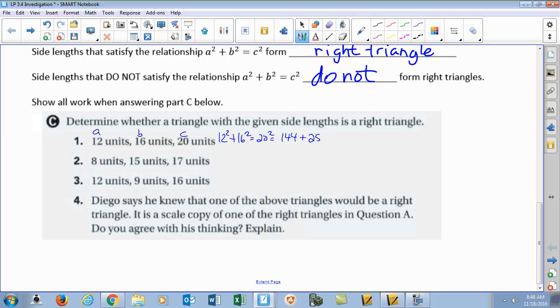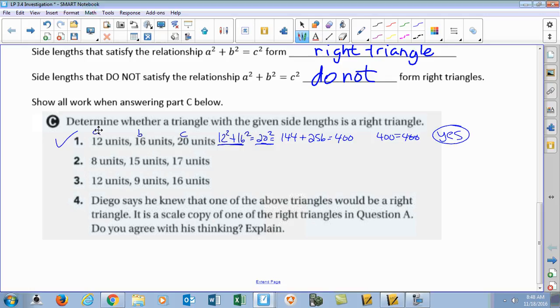And 20 squared is? 400. Brad, when I add 144 and 256, what do I get? So 400 equals 400, right? So what happens when the sum of the squares of the legs equals the square of the hypotenuse? It's a right triangle, so this is a yes. So number 1 was a yes.